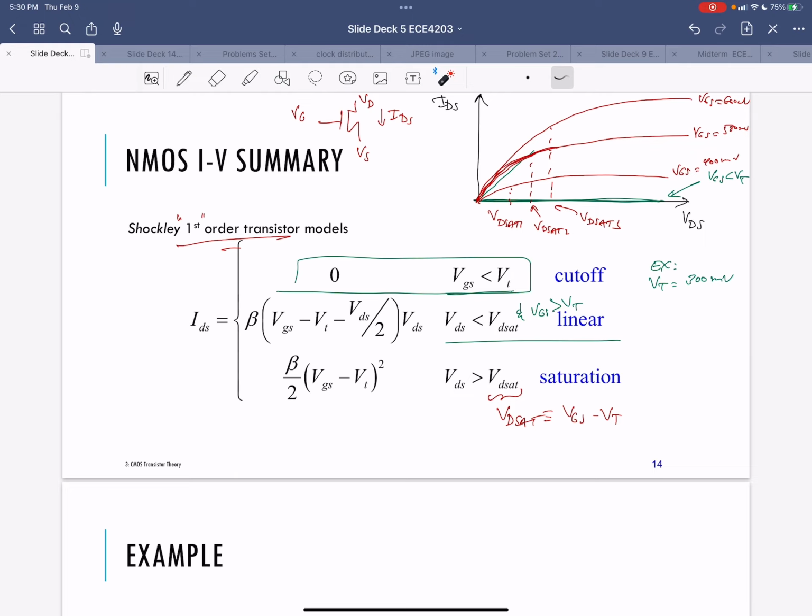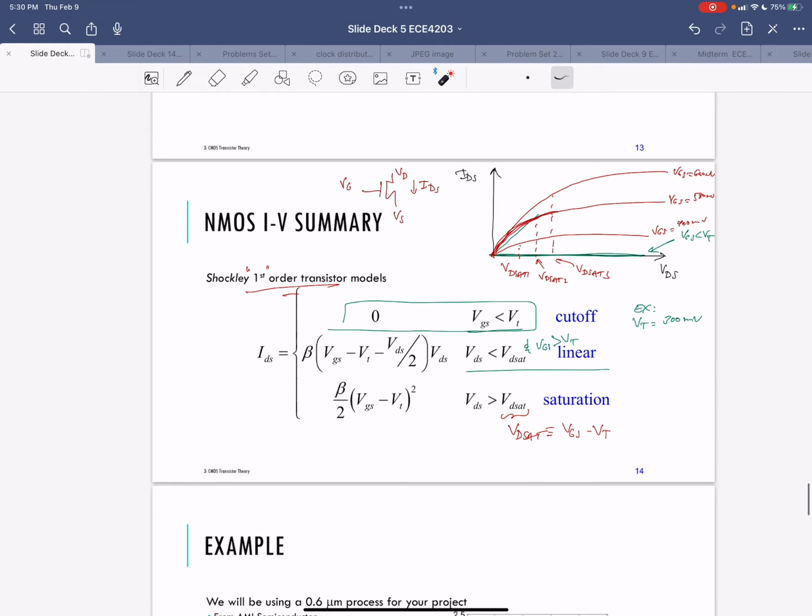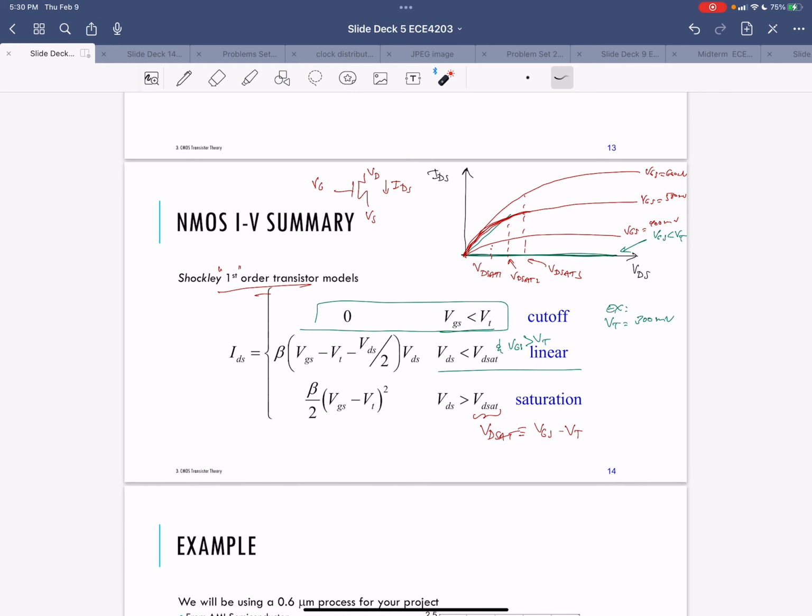Okay. So that's kind of the different regions of an NMOS transistor, and you'll see these in your simulations. By the way, beta stands for a set of parameters, and it's basically the width of the transistor divided by the length of the transistor.